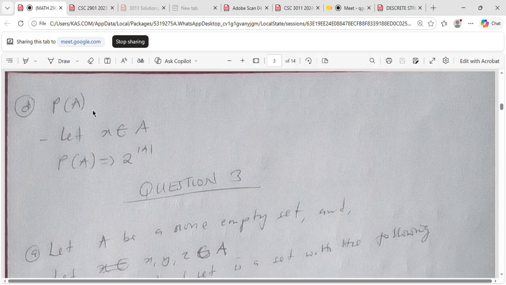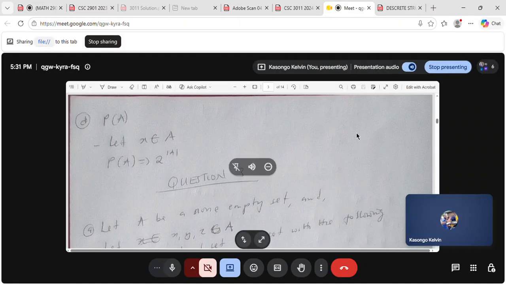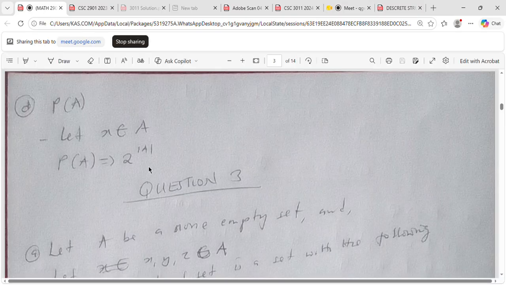So we go to question 3. In relation, please go ahead. X there, yes, because that is an element. So that is an honest mistake there. That is even more precise. That's what I was trying to say even here.